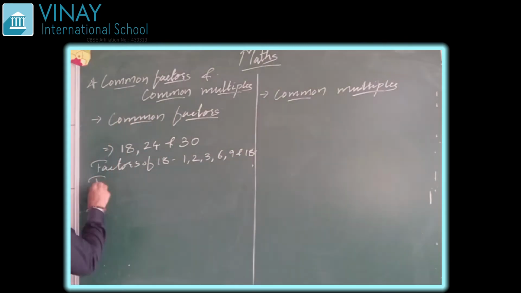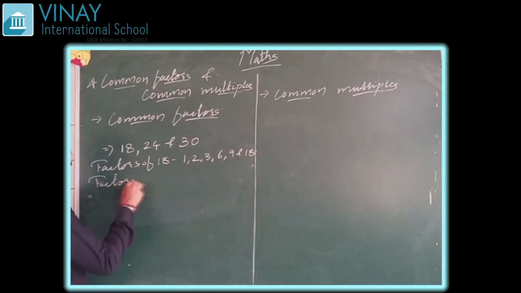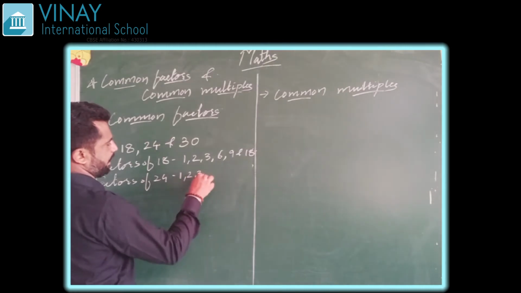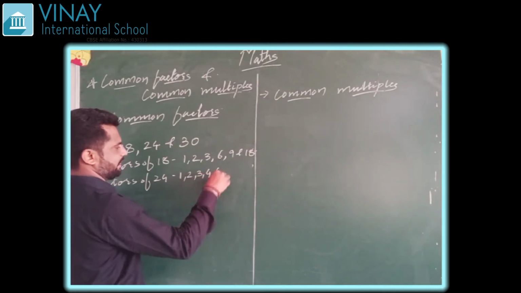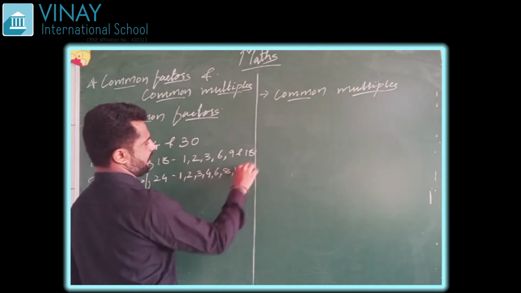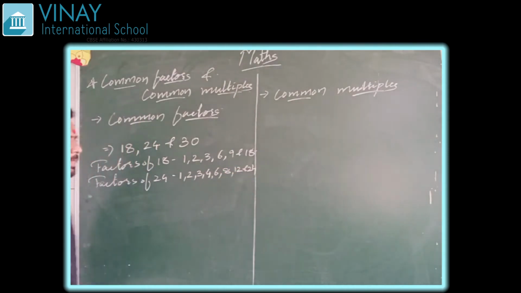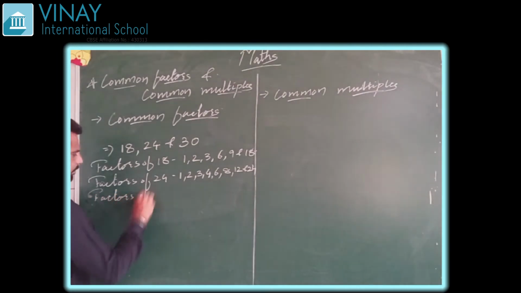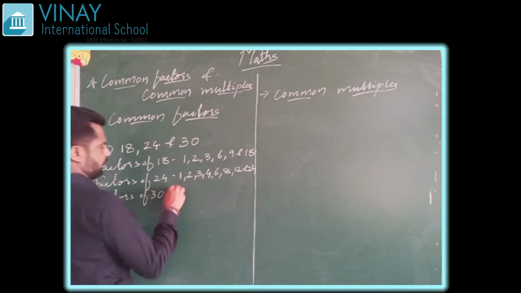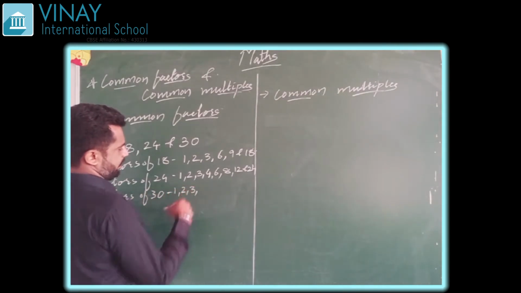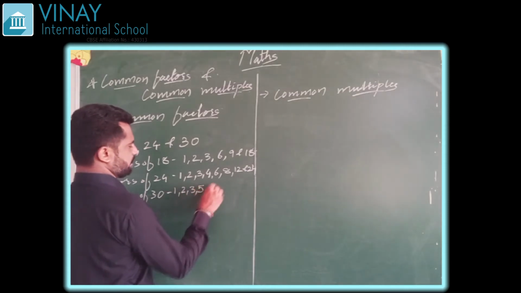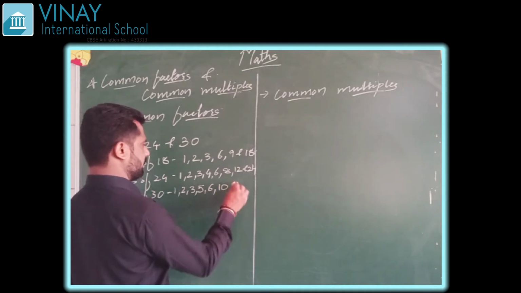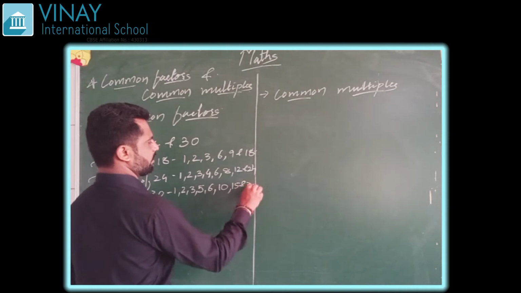Similarly, factors of 24 are 1, 2, 3, 4, 6, 8, 12 and 24. Factors of 30 are 1, 2, 3, (4 is not a factor), 5, 6, then 10, 15 and 30.